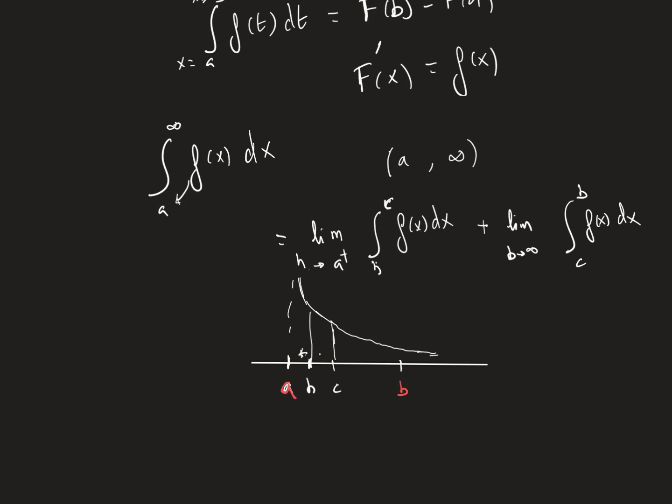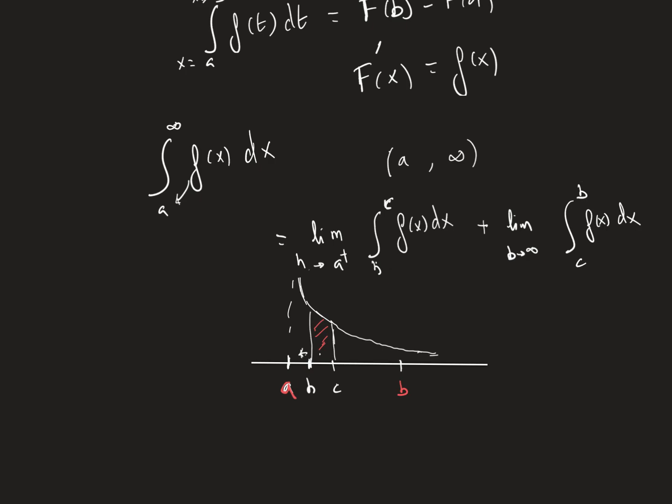We will do the integral in two parts. We will do the integral from h to an intermediate point c between a and b, meaning that we will find this area. Once we do this integral, we will take the limit when h goes to a, approaching a from the right, so a positive.